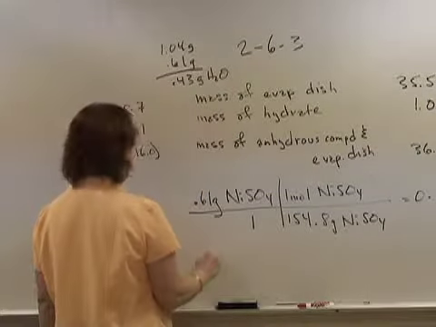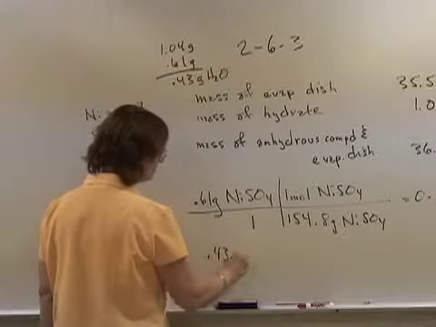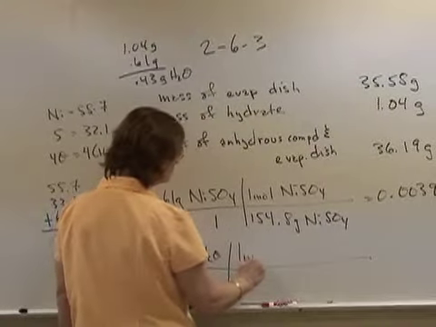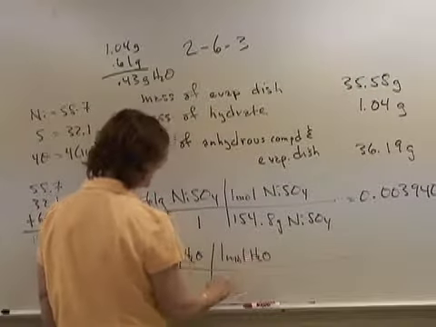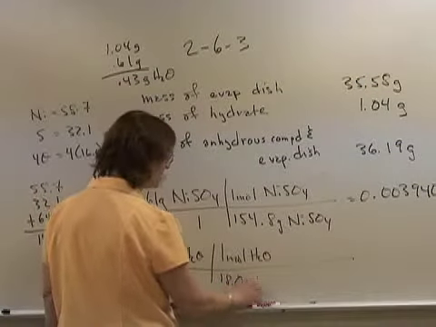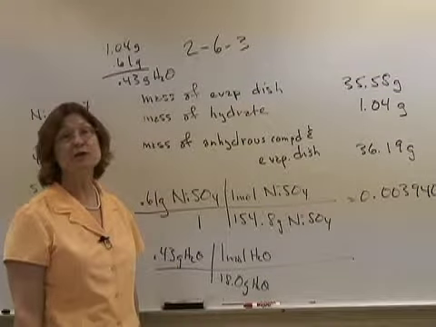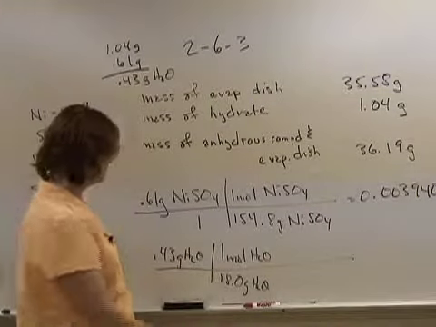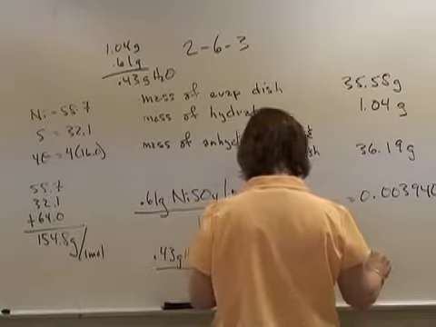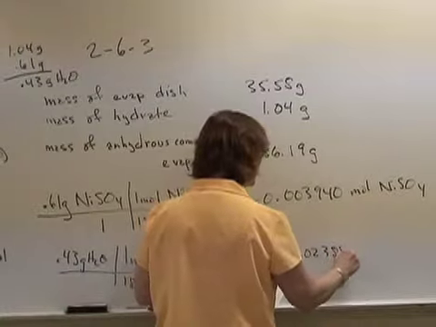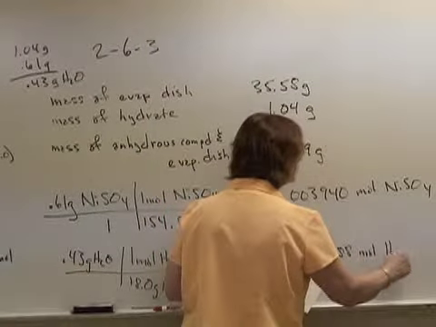And therefore, I take my mass of my water and change it to moles. And 1 mole of water has a mass of 18.0 grams of water. Oxygen is 16 and each hydrogen is 1. The total is 18.0. And this gives me 0.02388 moles of water.